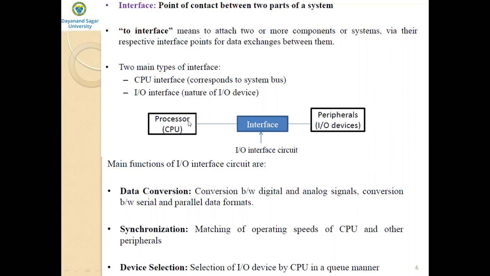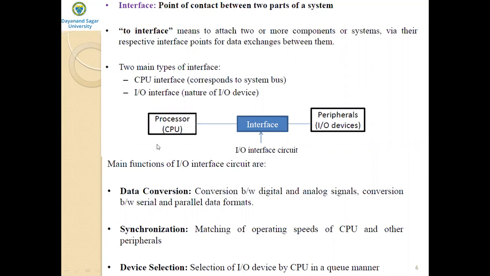As I said, the CPU and the I/O devices cannot communicate directly. So we need an interface. That interface is nothing but the input and output interface, for transfer of data between the processor and the peripheral, and vice versa. So let us understand the input and output interface in detail.